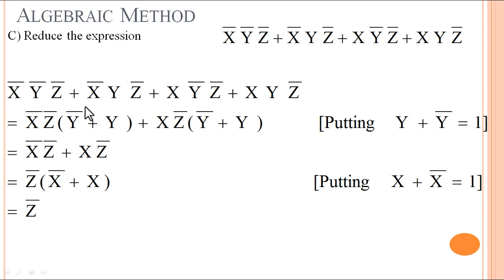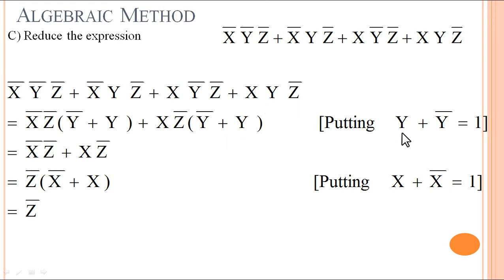Again, when you see these two terms, you get x bar and z bar as common, remaining is y and y bar. You can rearrange the terms, y bar and y we have written, or y plus y bar you can write it. Again, by seeing these two expressions, you get x and z bar as common, y bar and y will be remaining from these two terms.